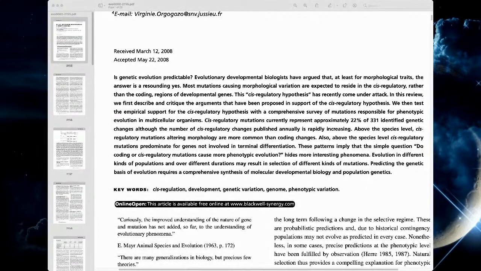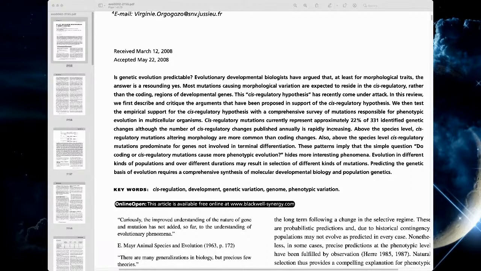Sure. I wanted to talk about it a little bit first because I was looking into some of my past emails from the professors about the relative significance of coding versus non-coding changes, which this paper calls cis-regulatory changes.